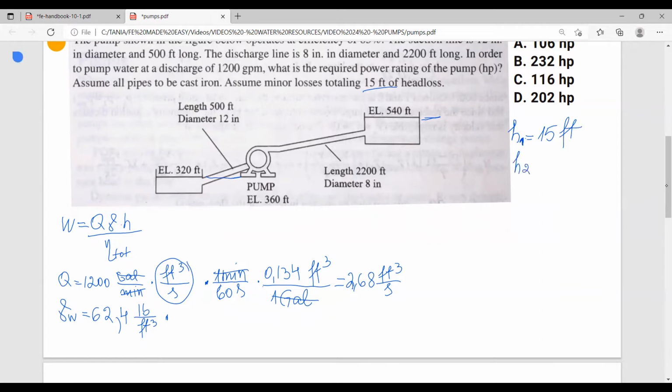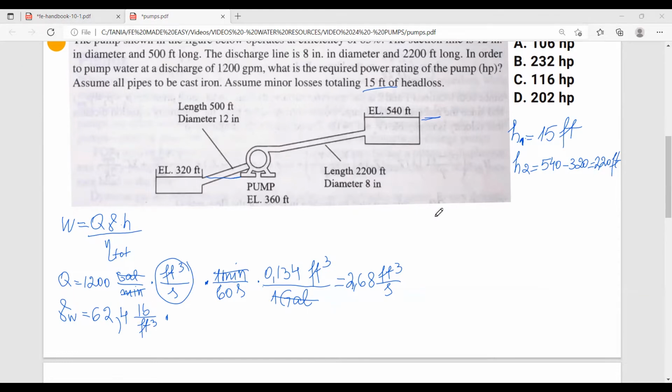And then head 2 is 540 minus 320, equals 220 feet. And these two are called the static head loss.